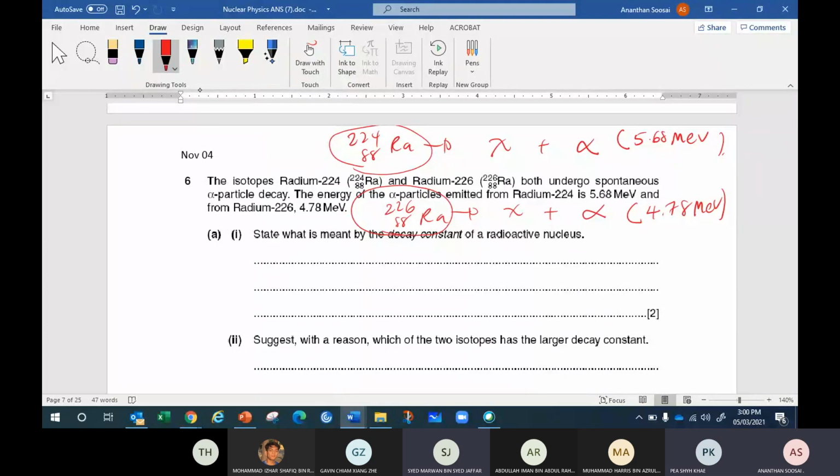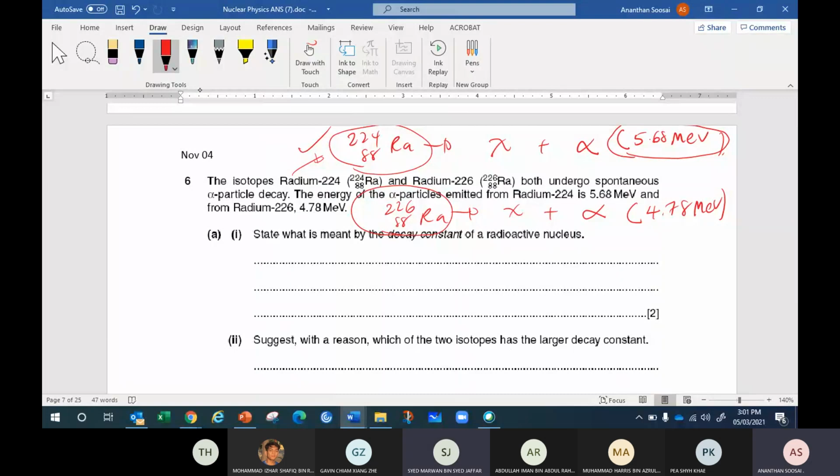224. Very good. It has a larger decay constant. Because of what? Lots of energy has been released. More energy released during the nuclear process means that the substance is more unstable.